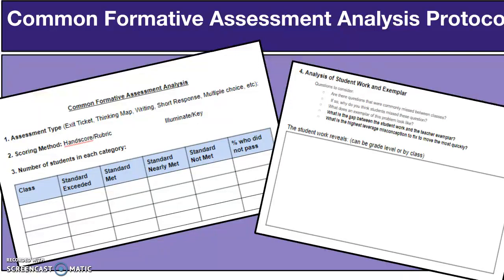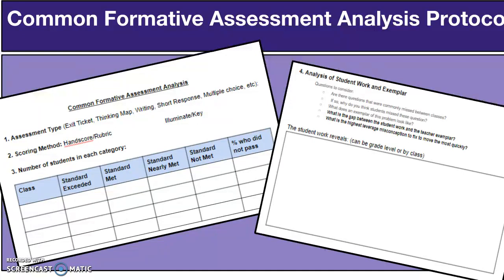They look for a rationale of why students missed the questions. They look for a gap between student work and a teacher exemplar, so they can really look at what students must know and do and where the misconception may lie. And then they identify the highest leverage misconception to repair the misunderstanding most quickly. So that's something that they complete as a team.